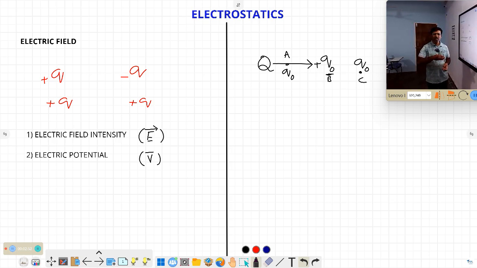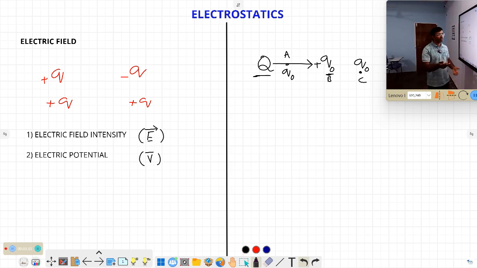At point B, the charge is at a little more distance, so the force will be less. At point C, the distance is more, so the force is much less. So the source charge influences the other charge at points A, B, and C with different values.